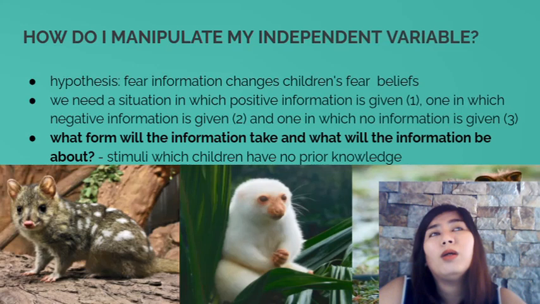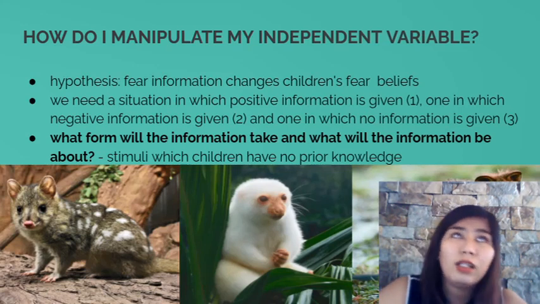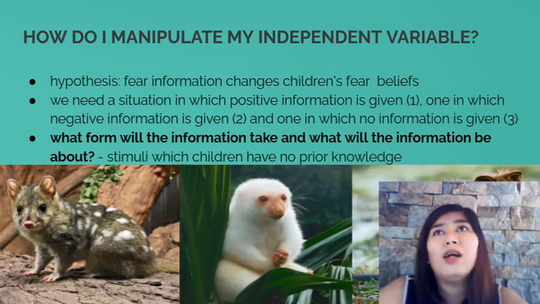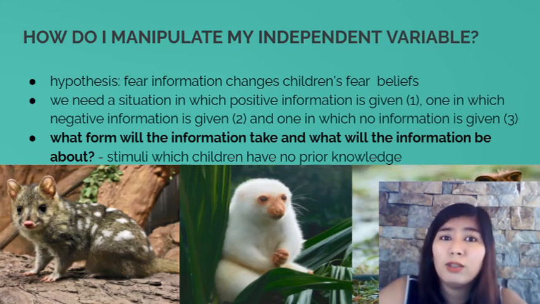Then, by addressing that issue, he thought of animals that are not familiar to most people, especially to children. So he identified three animals in Australia. They are called quoll, quokka, and cuscus.